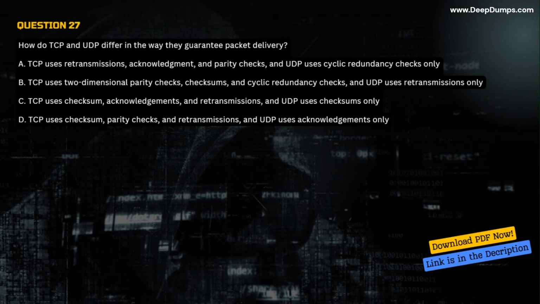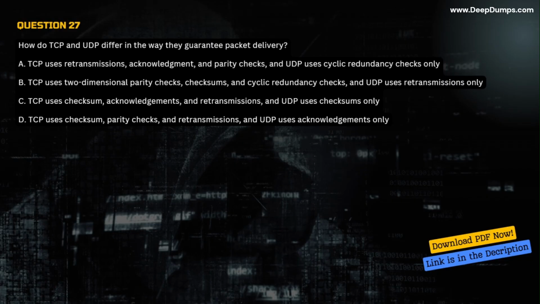Question 27. How do TCP and UDP differ in the way they guarantee packet delivery? A. TCP uses retransmissions, acknowledgement, and parity checks, and UDP uses cyclic redundancy checks only. B. TCP uses two-dimensional parity checks, checksums, and cyclic redundancy checks, and UDP uses retransmissions only. C. TCP uses checksum, acknowledgements, and retransmissions, and UDP uses checksums only.